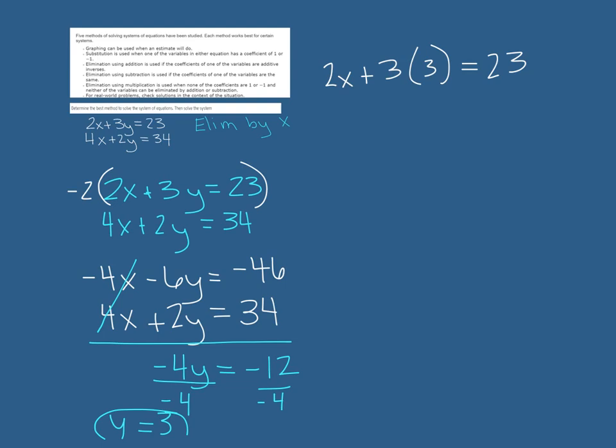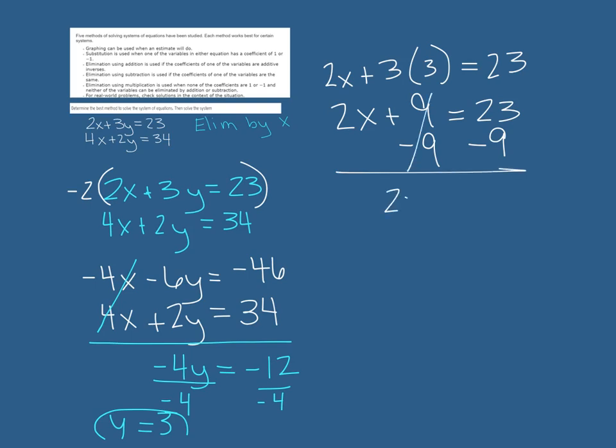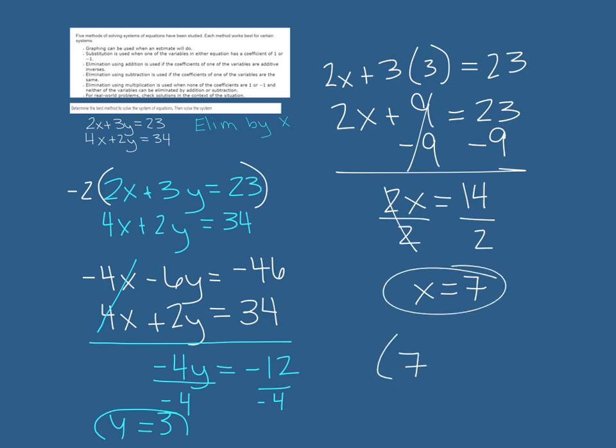So I get 2x plus 9 equals 23. I need to subtract the 9 from both sides. So that cancels out. I get 2x equals 14. Divide both sides by 2, and I get x equals 7. So my final answer I'm going to write as a coordinate. 7 is my x, and my y is 3. So that would be my answer.